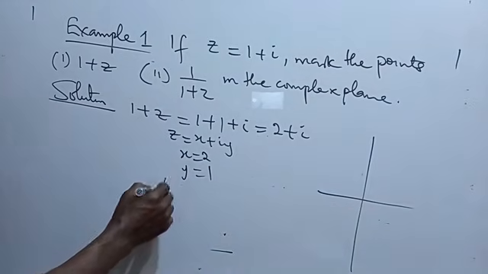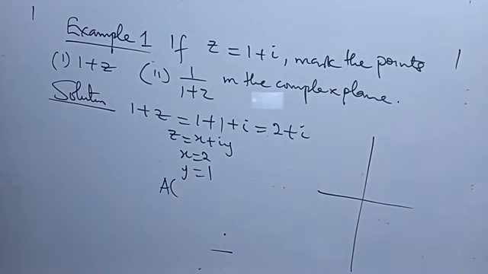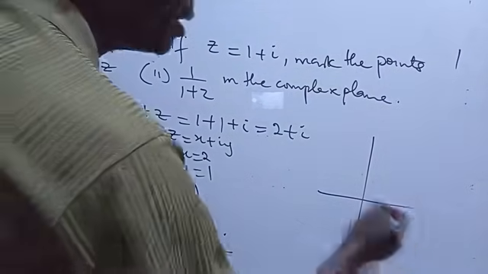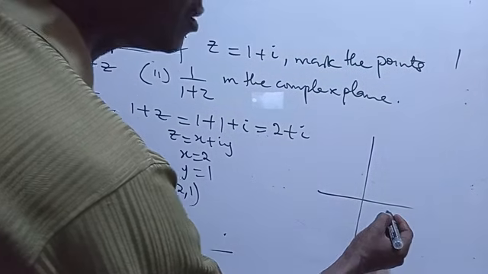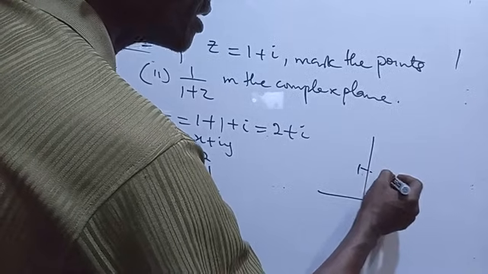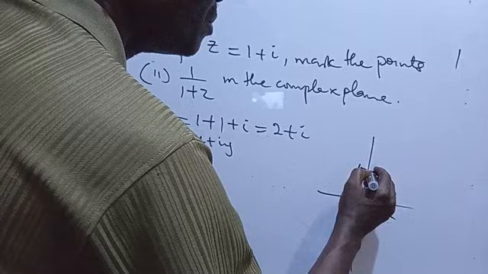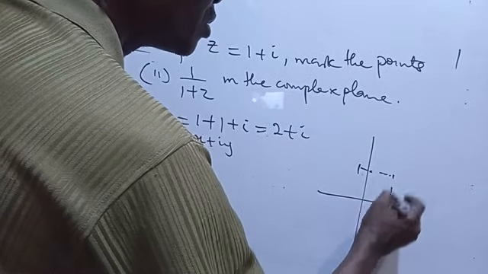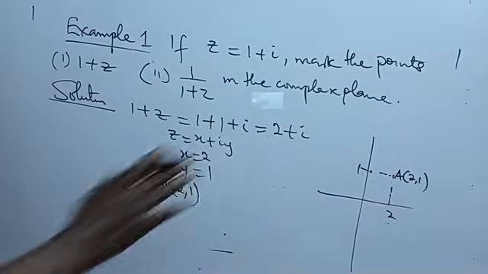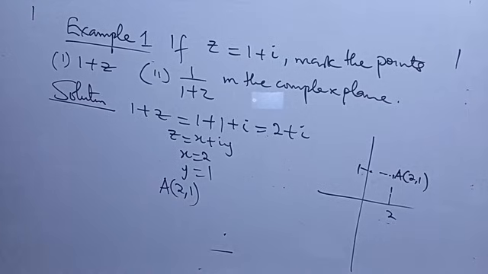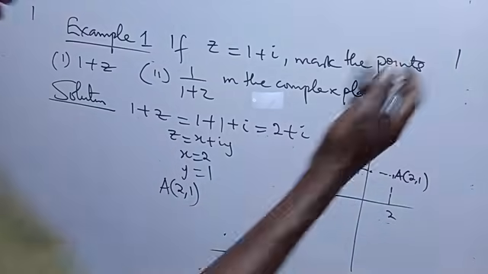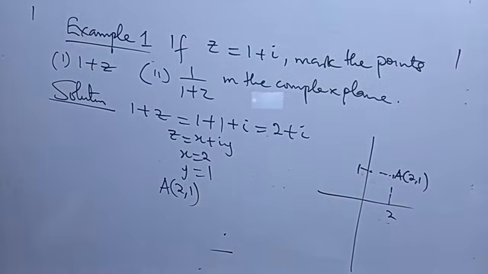So the coordinate point, let's assume A, will be (2, 1). Both of them are positive. You have 2 here, and 1 here. So the meeting point of the two is A at (2, 1). I hope that's understood. Now suppose we are asked to find the modulus. You just apply the formula I taught you.